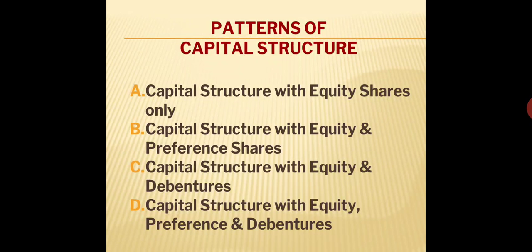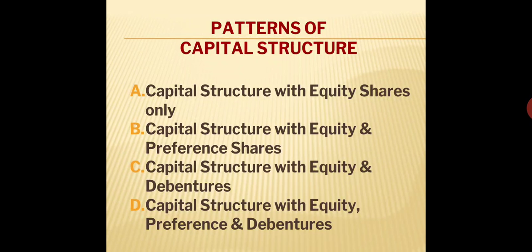Third one, interest paid to debenture holders is deductible while assessing the tax liability of the company. As we already know, debenture interest is tax deductible, and on equities the company is not paying regular dividends to its shareholders.